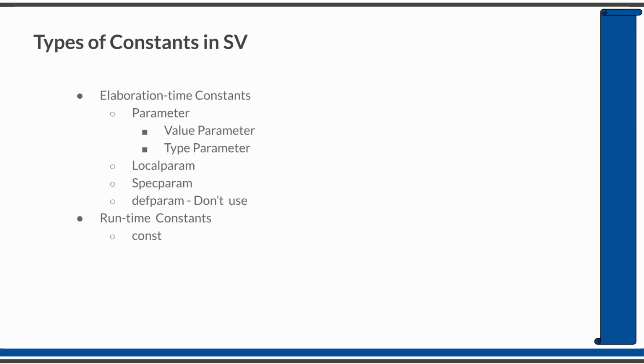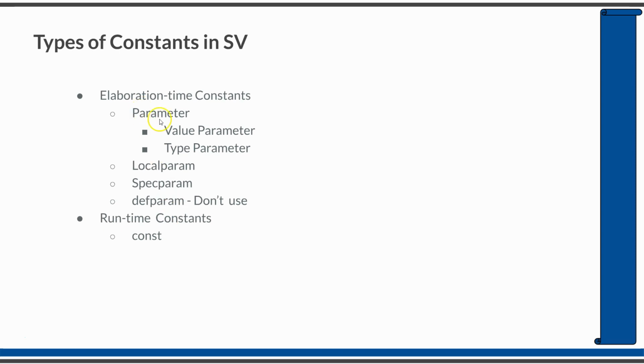There are two types of constants in SystemVerilog: elaboration time constants and runtime constants. Elaboration time constants fix their value during compilation and elaboration, and runtime constants select their value when the simulation actually runs.